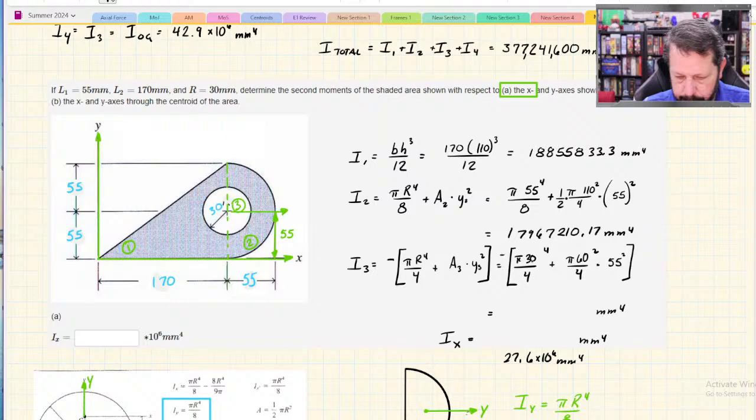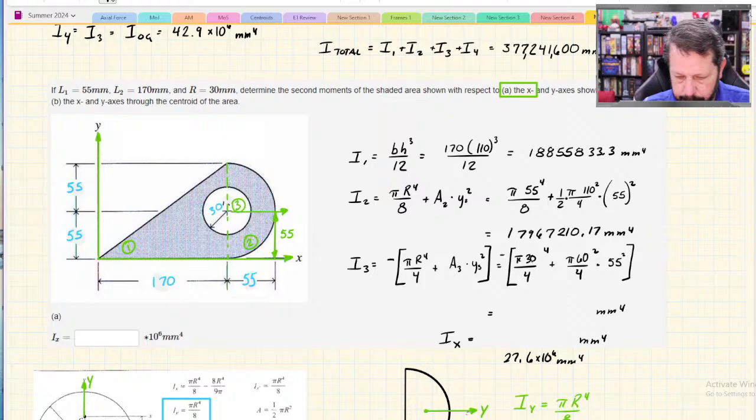Now I want to calculate this thing and see if we can get the right answer. You can go ahead and go if you're not interested in seeing if this is the right answer or not, but 30 to the 4th times pi divided by 4, so that's a different number, plus 60 squared times pi divided by 4 times 55 squared.